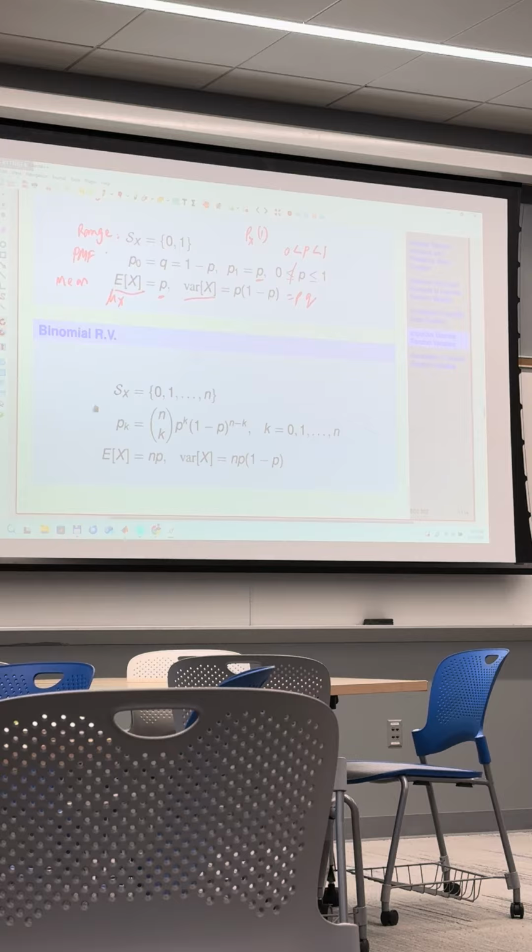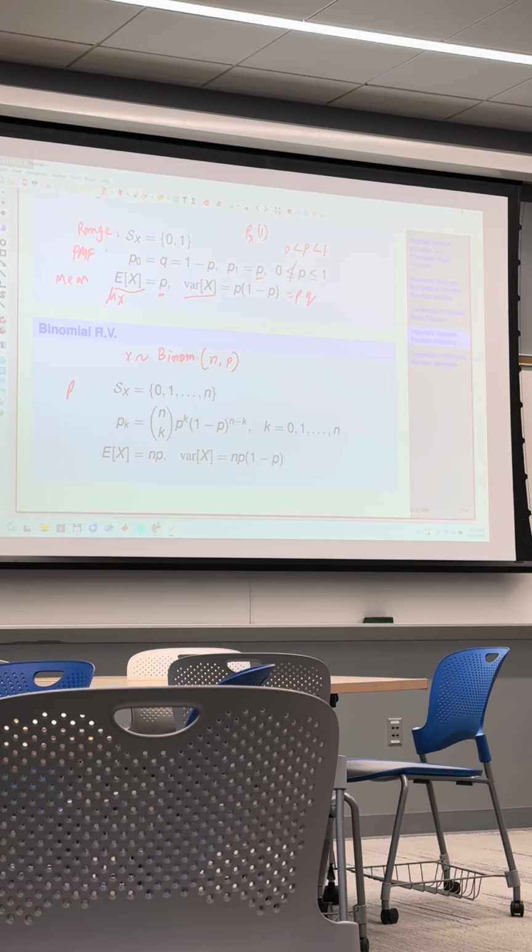I summarize binomial random variable as well. So if we have a binomial random variable, x is a binomial random variable with parameter n, comma p, where p is the success probability, n is the total number of trials. If that is the case, binomial random variable has range s sub x from 0 to n.